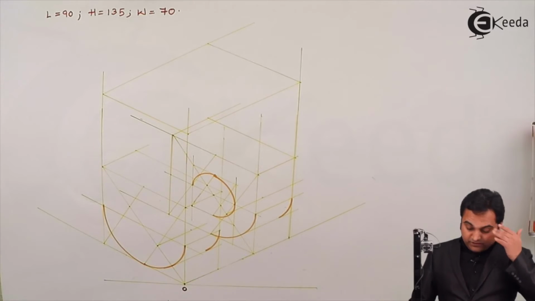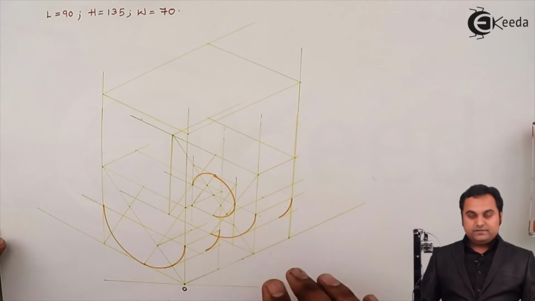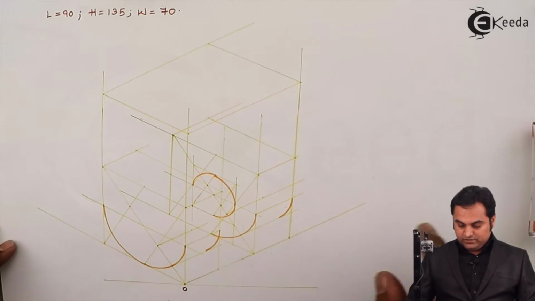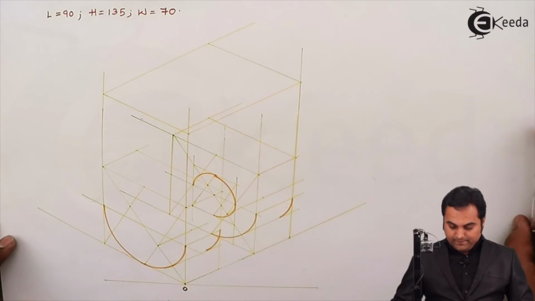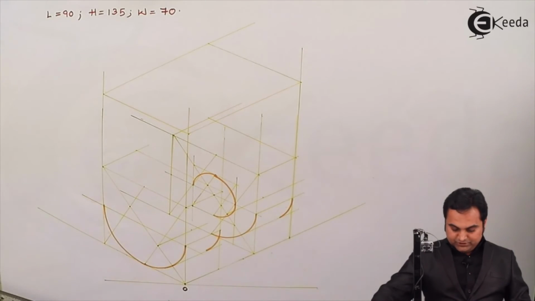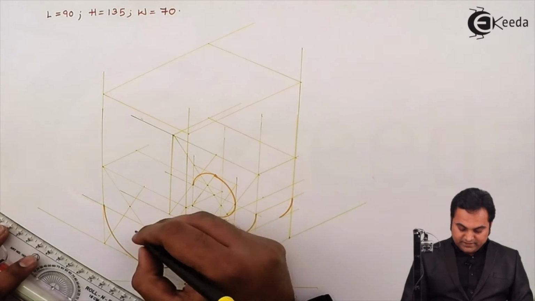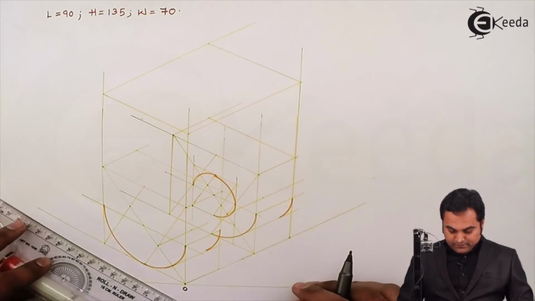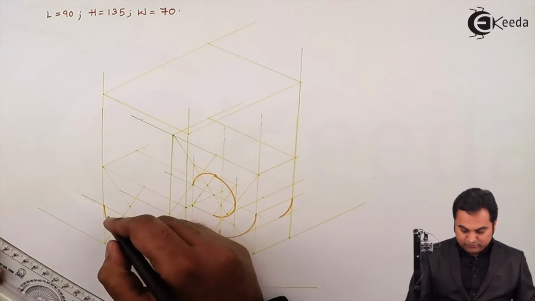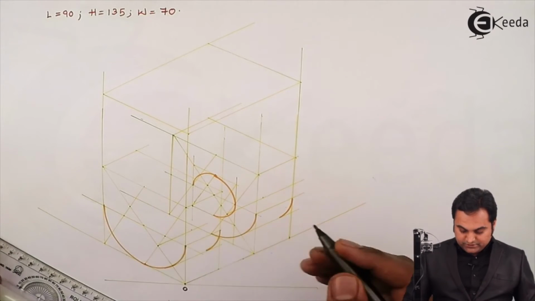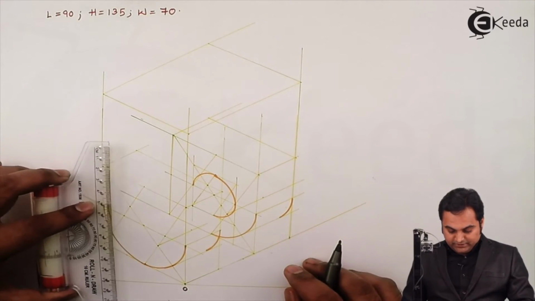Next, after completing this semicircle, inside this there is another circle having the same diameter, which is 35 mm as drawn here. So the procedure remains same, that take this as the midpoint, and from this I'll mark 35 mm, which I already have here. This is 35, projecting vertical lines through them.